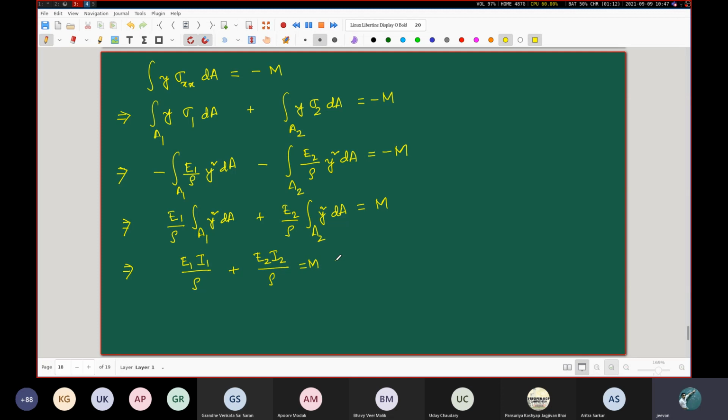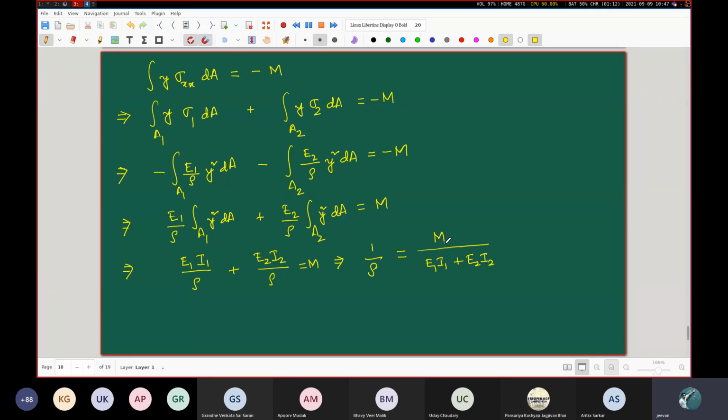And now you see that this is giving us a method of determining the rho, the unknown rho, in terms of quantities which can be easily calculated. Why can this rho be easily calculated?